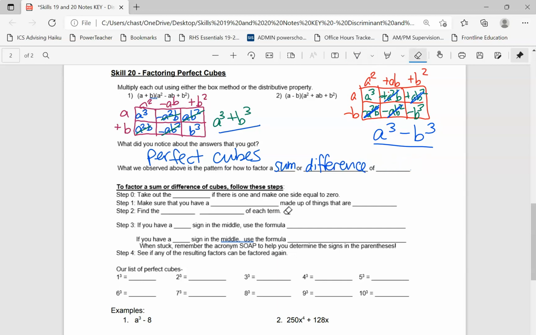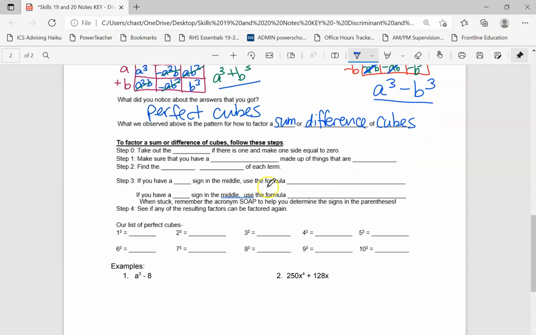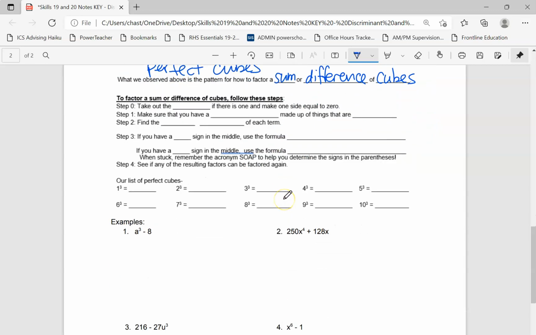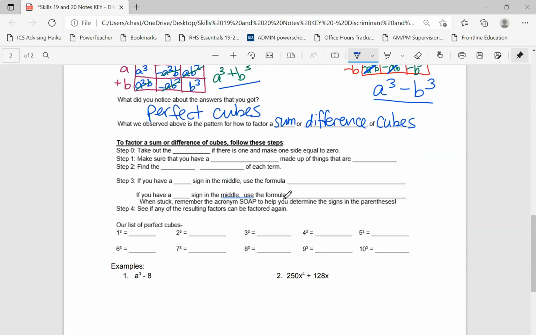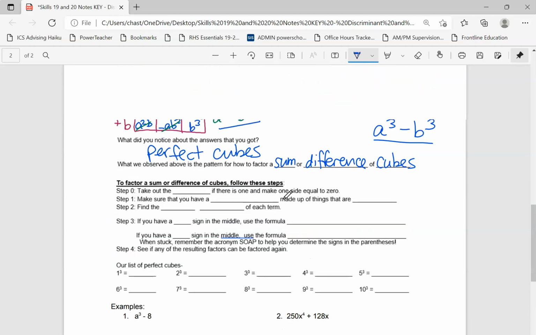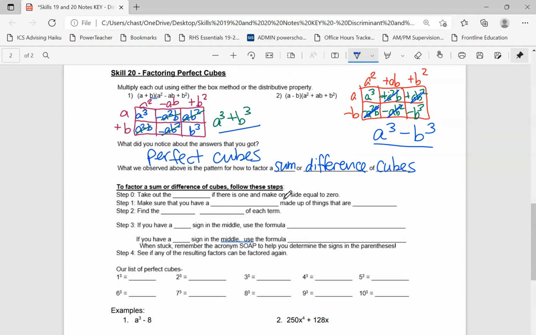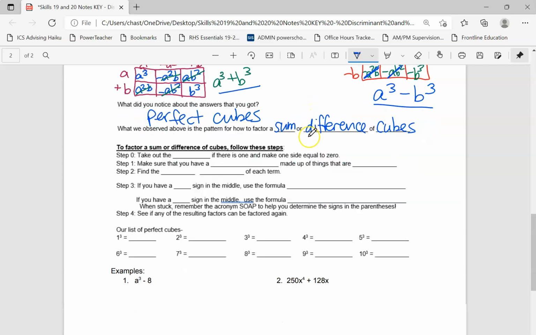And so what we're going to do is talk about that pattern, and we're going to factor a few examples. Pretty straightforward. It's just literally memorizing the, actually you won't even have to memorize these. We're going to let you do this without memorizing the formulas, but just using them.